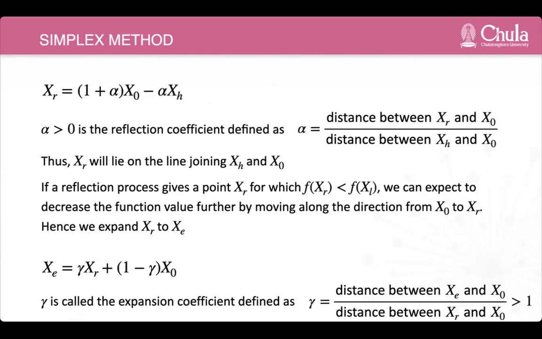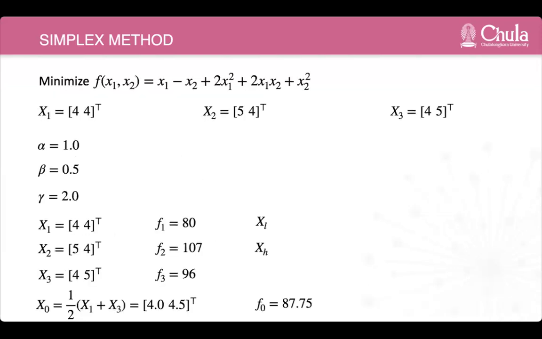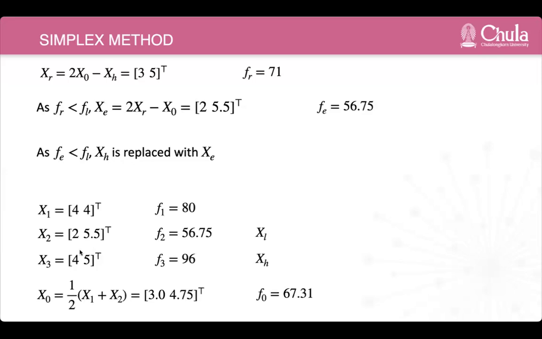So we should go further in that direction and obtain XE, extended. Extension of it. Okay, so we obtain the new point XE at 5.5. And the objective function of this point is 56.